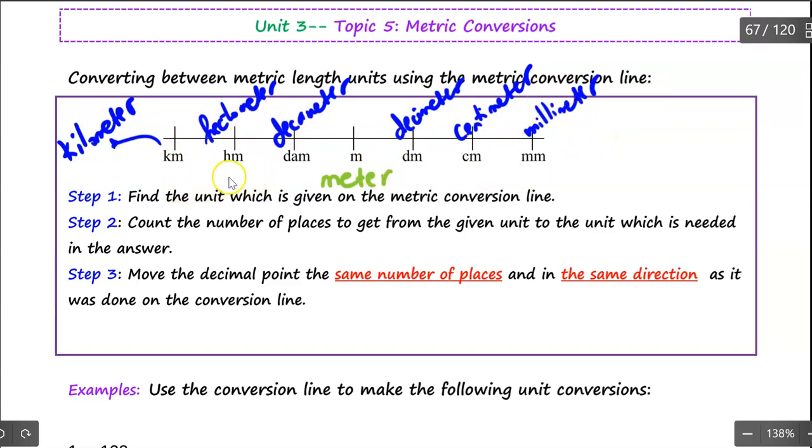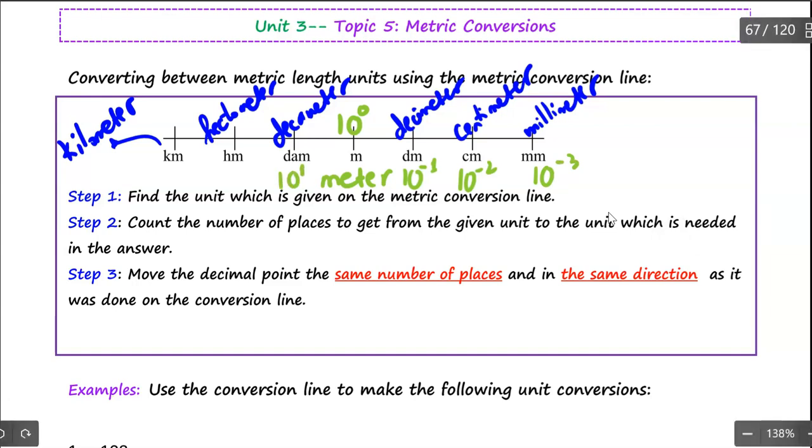So what about the mathematical presentation for all of these? So meter will be standing for 10 to the exponent 0. We'll make it a 1. Deci is 10 to the exponent minus 1. Centi is 10 to the exponent minus 2. Milli is 10 to the exponent minus 3.